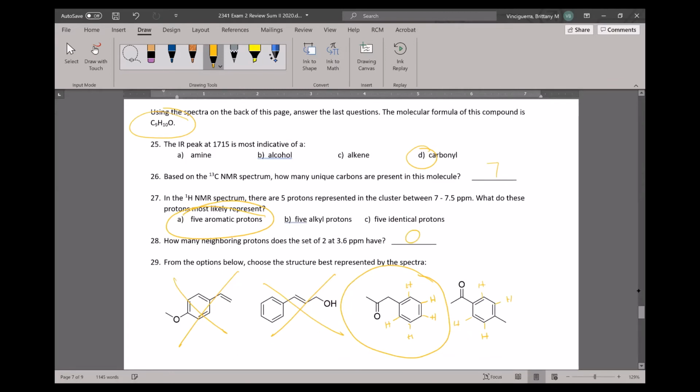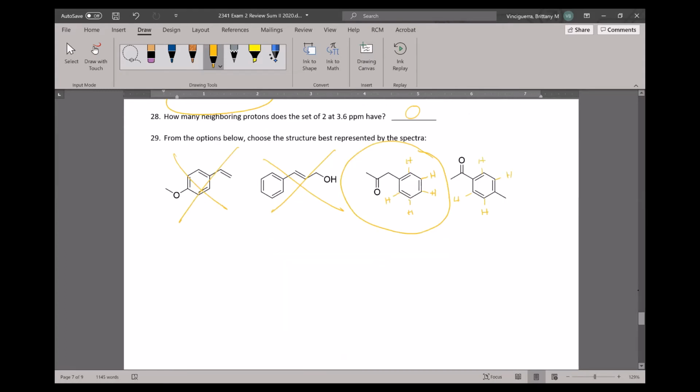Okay, so I want to point out the other things that confirm this. So notice that we have 2 protons here and 3 here. So our NMR needs to indicate a set of 2 and a set of 3, each of which do not have neighbors, or it needs to have 2 sets of 3 without neighbors.